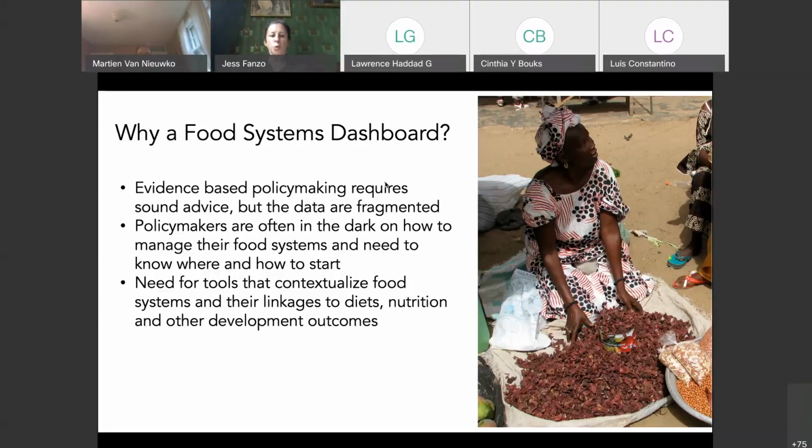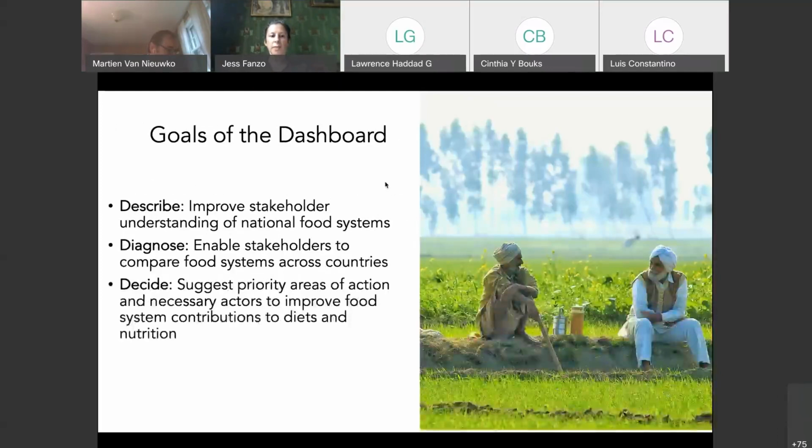So this dashboard is one tool, and there are other dashboards coming out. So it shows that there's a growing space here on visualization tools. But it's meant to help policymakers contextualize their food systems and be able to diagnose them and make decisions on them. And that's exactly what we're aiming to do.